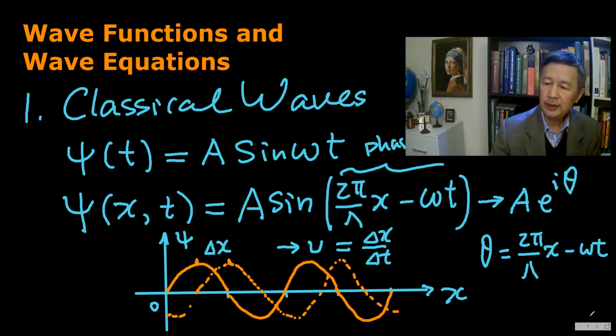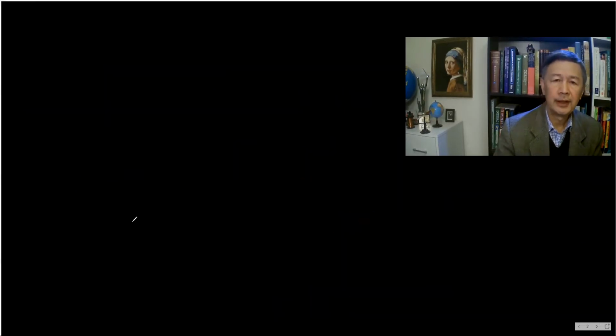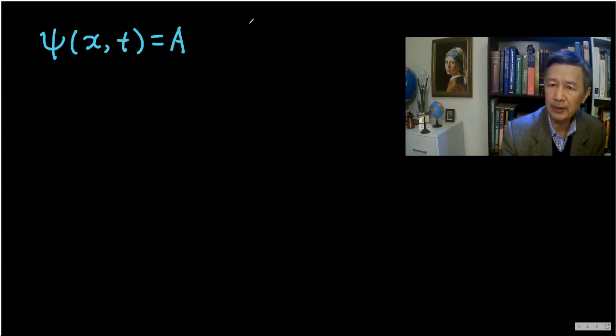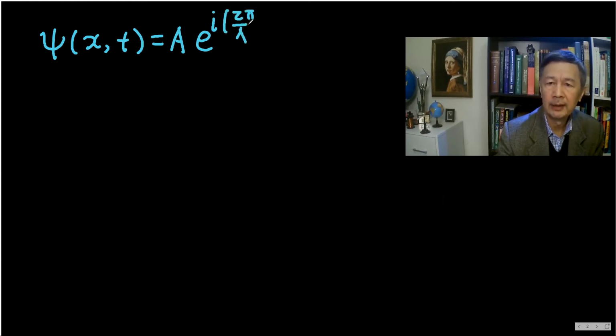So in general, the wave function to describe the classical wave can be written as phi(x, t) equals A, the amplitude of oscillation, multiplied by e to the power of i times the bracket 2 pi divided by lambda multiplied by x, minus omega t.